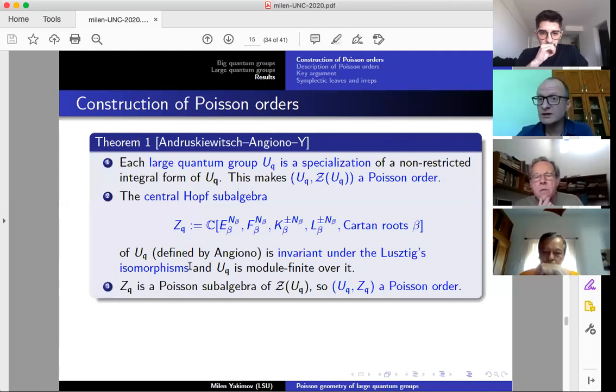This is going to play a key role in the future developments. These isomorphisms between the different UQs or the braid group action is going to preserve the central subalgebras.